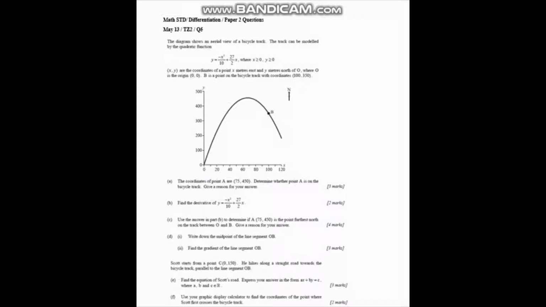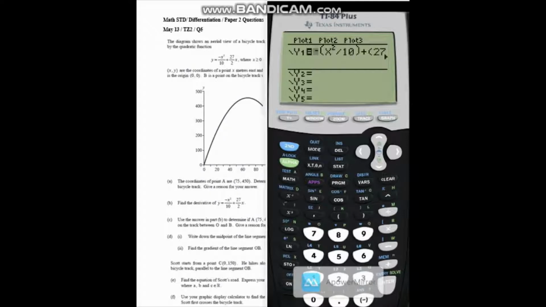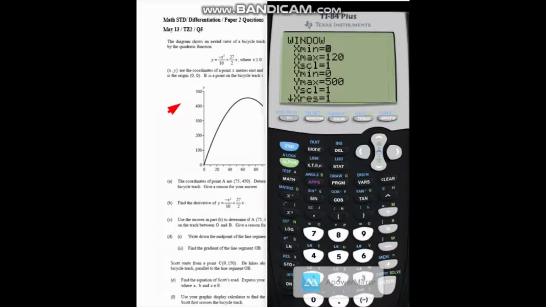So I can plot my function on the GDC, writing this equation down and using the window 0 to 500 in y and 0 to 120 in x, and then plug the value of x into the function to see whether y is correct or not. So there is my function. I've written down the function on the GDC. There is my window according to the information provided in the drawing, and there is the graph.